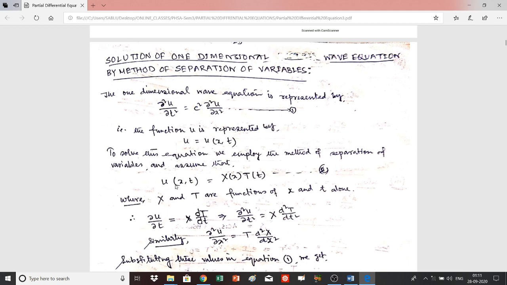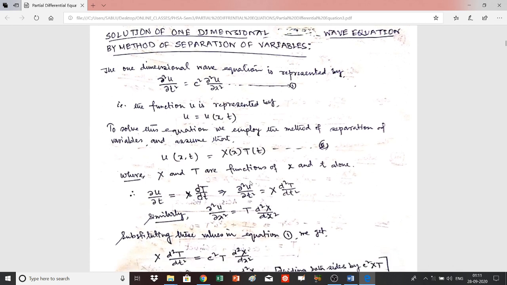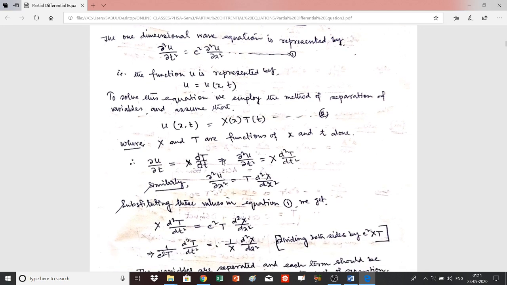And then u(x,t) is taken as X, a function of x, and T, a function of t, and we are very familiar with what to do in the separation of variables method, and we discussed it much more in the previous lecture. So in this case, we will not discuss all things, as some things are known.